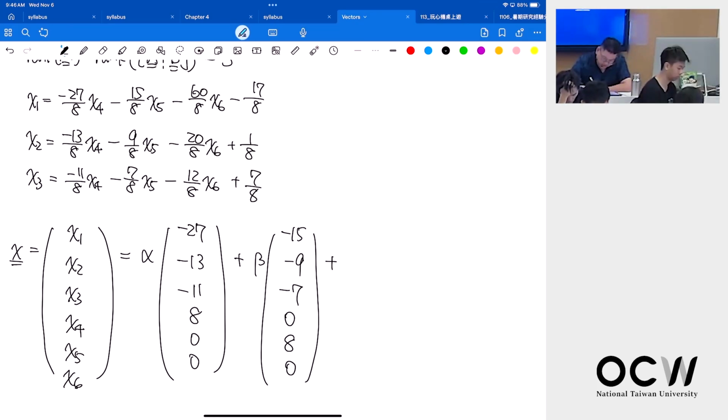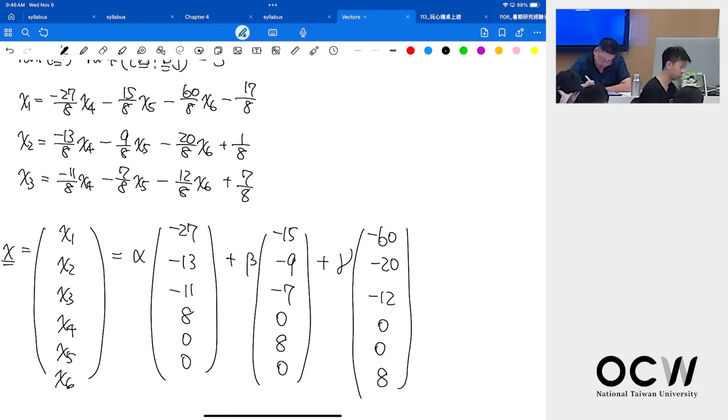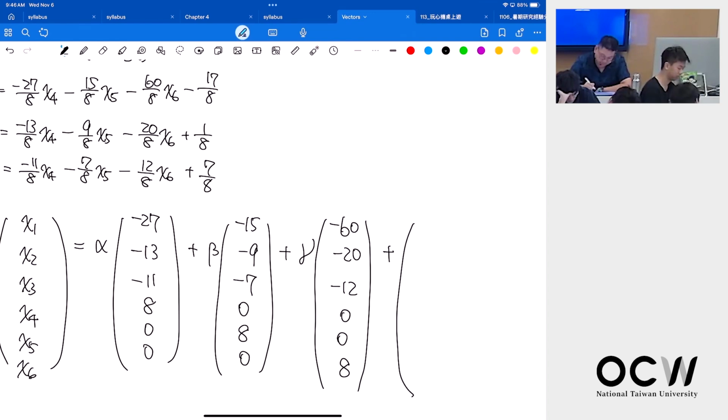Gamma, minus 60, minus 20, minus 12, 0, 0, 8. And finally, minus 17 over 8, 1 over 8, 7 over 8, and all zeros at the end.